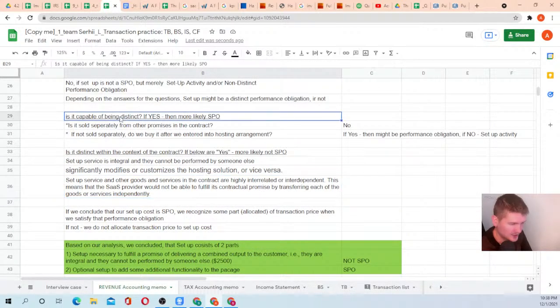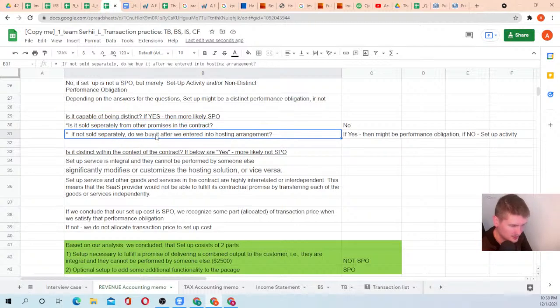So first, it should be capable of being distinct. So if it is sold separately from other promises, or if it is not sold separately, but we can buy it after we enter into the hosting arrangement, and we can start work with our service. When the customer can start work with the service which they purchased from us without that setup.